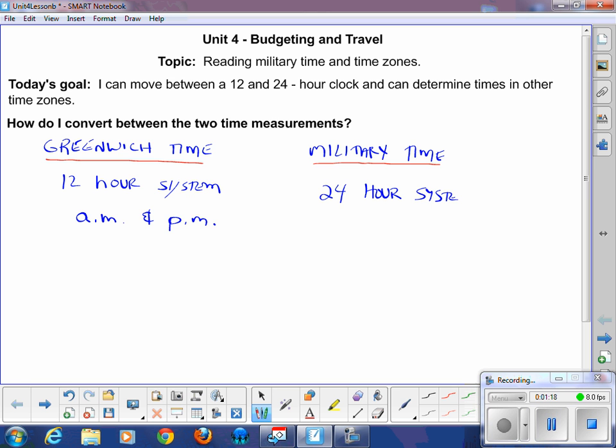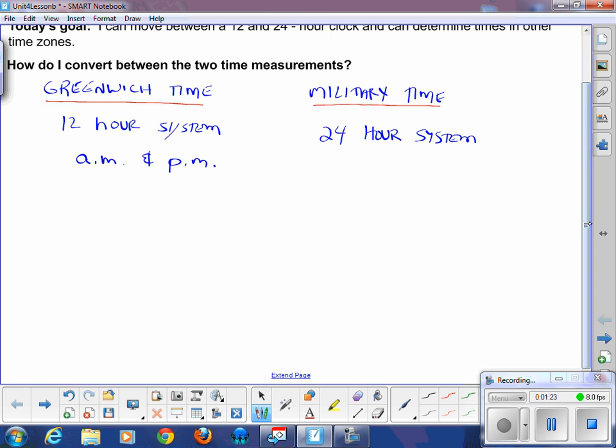So basically, to move from one to the other, in Greenwich time we know that the AM extends from midnight to noon, and we call that the AM. And then in the PM we go from noon and return back to midnight.